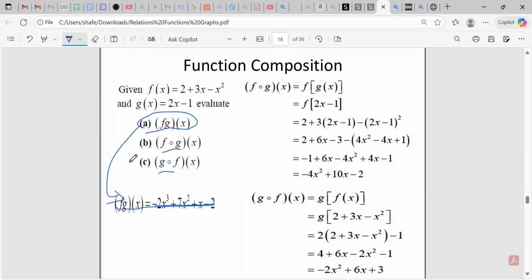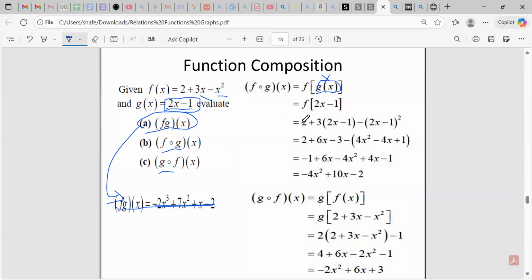So the composite of f and g. We're taking g, which is 2x minus 1, and we're treating it like a big X. So we're putting the whole of gx in the place of x here and here, and that's what you see here.